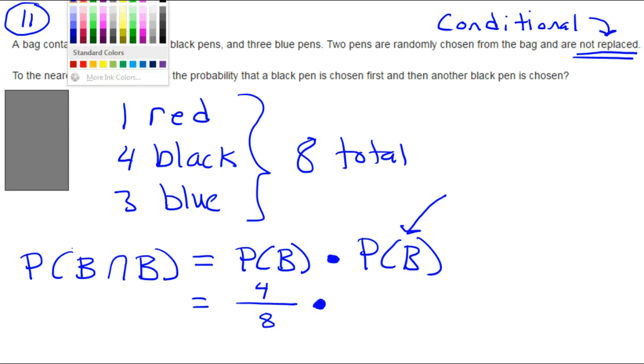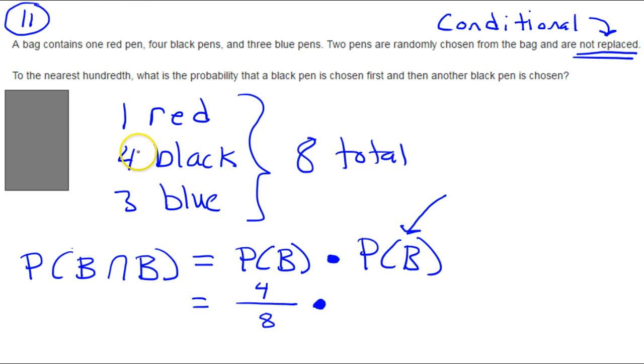So now there are only 3 black pens left at this point. And because we took away one of the pens, there are not 8 pens anymore. There are now 7. So when we go to grab the second black pen, there are 3 targets out of a total of 7. So that's where your conditional probability happens.